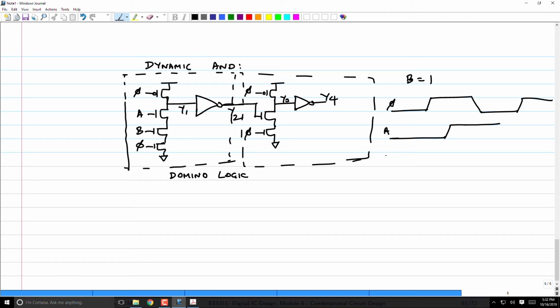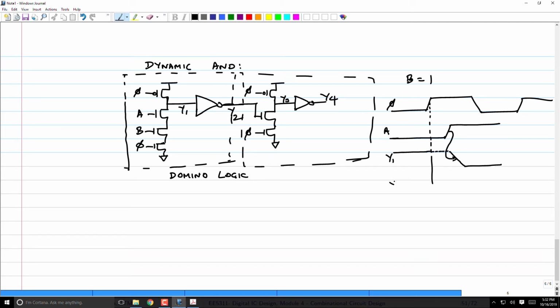What will happen to Y1? Y1 will float first when the clock turns off. Right? I mean, initially in pre-charge, of course, it's pulled high, then it will float and then it will fall. This will cause the transition.